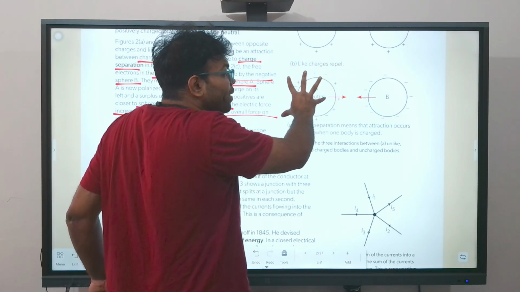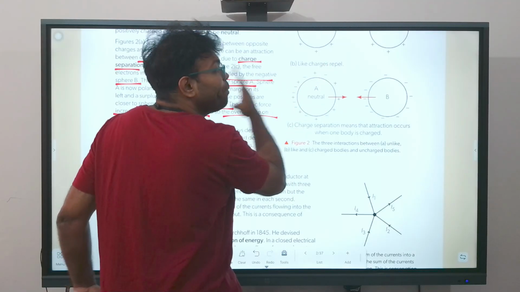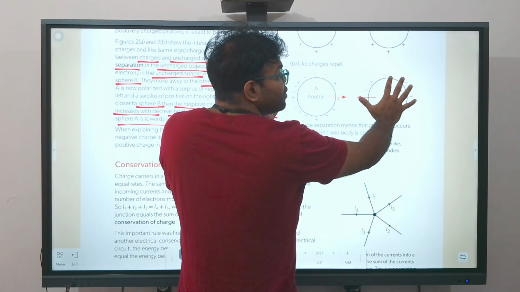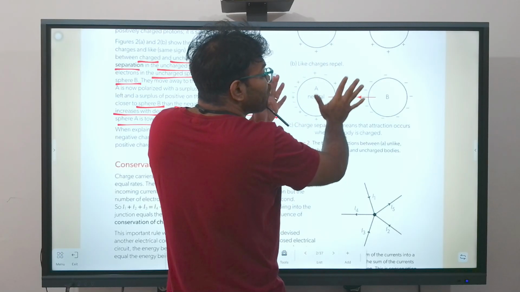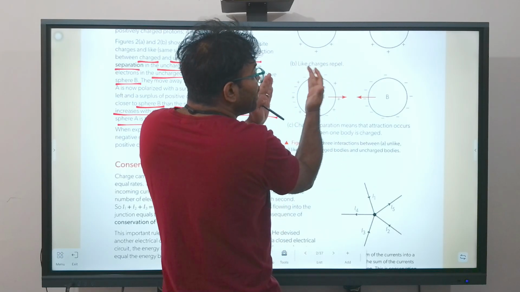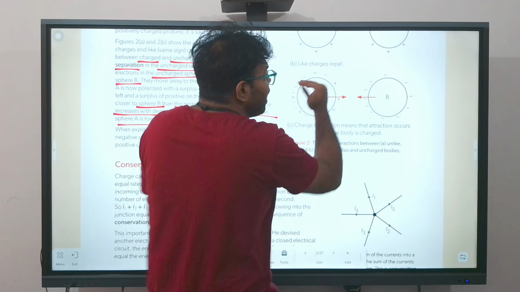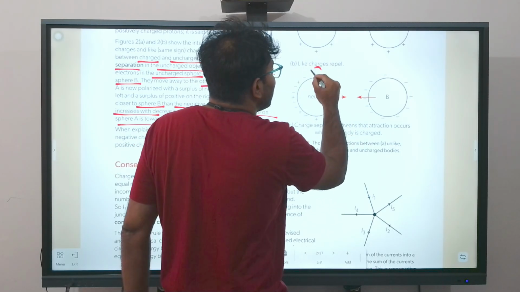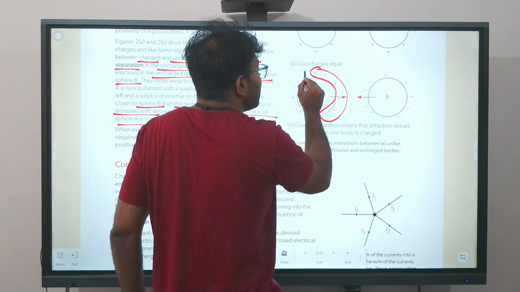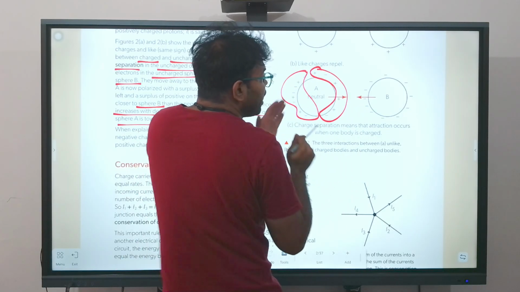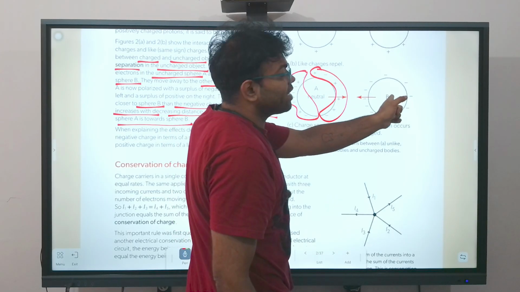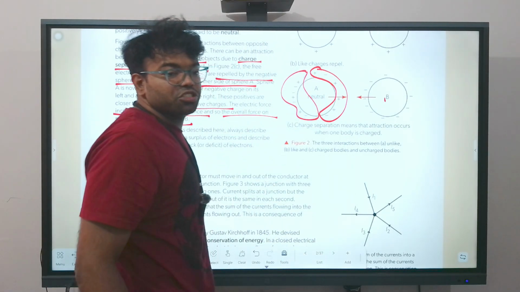The electrons on the surface got repelled towards the other direction because of this new negative charge. Therefore, you get a net positive charge here and a net negative charge here, so this positive charge is attracted towards this charge. Understood?